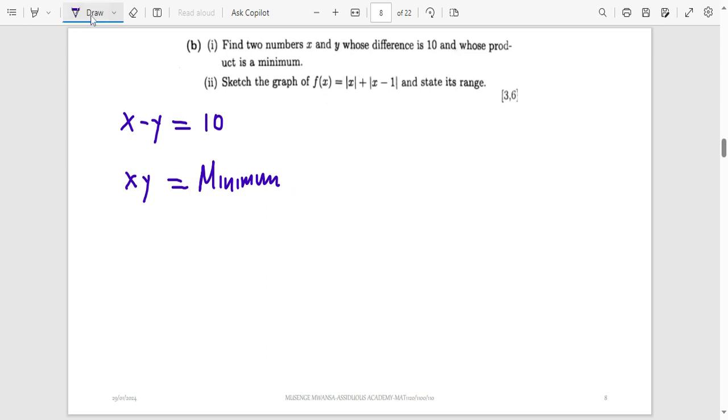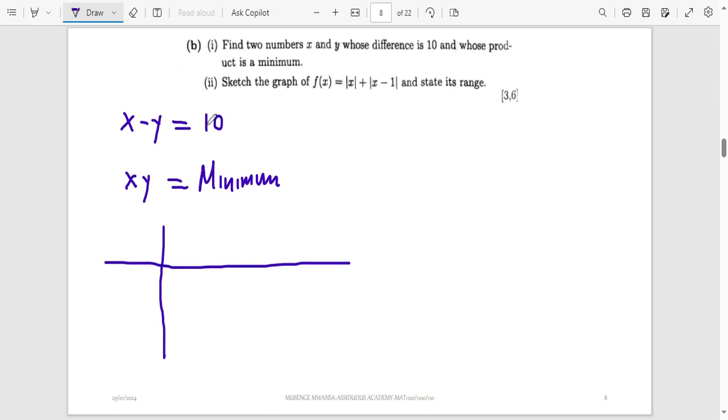All right. So let's analyze it now. These two numbers, when you subtract them, they'll give you a 10. When you multiply these two numbers, they are going to give you a minimum. I don't know what topic they wanted to apply, whether it's quadratics or something like that. But anyway, whatever they wanted us to apply, we don't know. But think of two numbers. Let me write it like this.